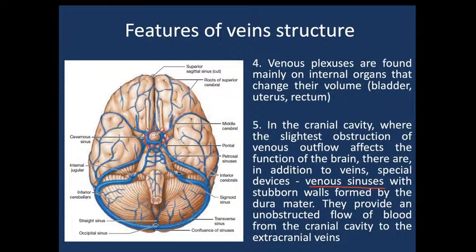This is the cavernous sinus, and here are the sigmoid sinuses, transverse sinuses, straight sinuses, and so on. These sinuses provide an unobstructed flow of blood from the cranial cavity to the extracranial veins, because our brain is very sensitive to circulation disturbance, when circulation is stopped because veins are very easy to press.